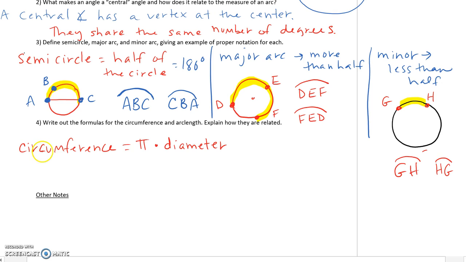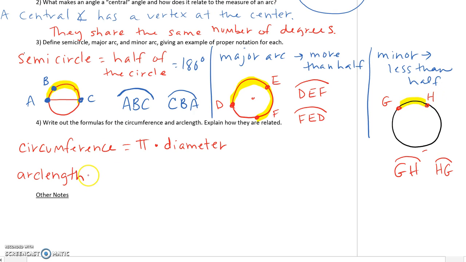If I wanted to find an arc length, that's just going around part of the circle, but still along the edge. Like on the previous example, on the minor arcs, if I was just walking from G to H, how far would I walk? If I walked along the edge of the circle from G to H, that would be an arc length. Figuring out how long that is.